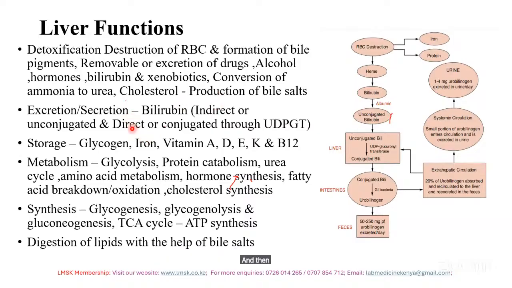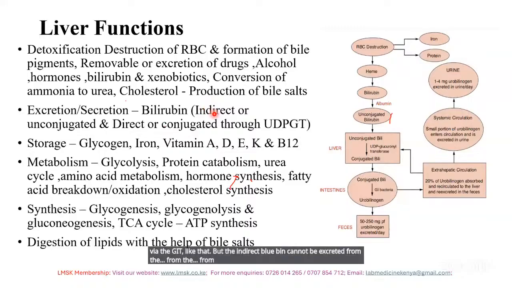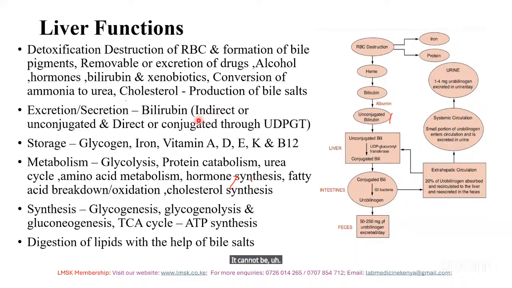Once conjugation has happened, with the help of uridyl diphosphate glucuronide transferase, the bilirubin becomes a water-soluble molecule that can now be excreted via the excretory system, could be via the kidneys or via the GIT. But the indirect bilirubin cannot be excreted from the system because it is not water-soluble. It cannot be transported across those cellular membranes that help in getting rid of wastes.